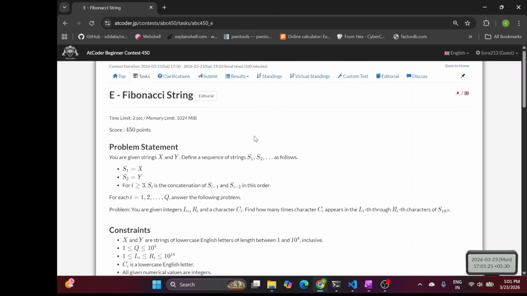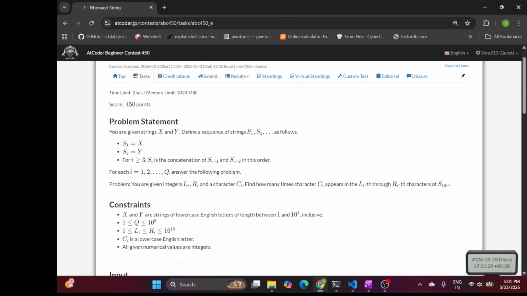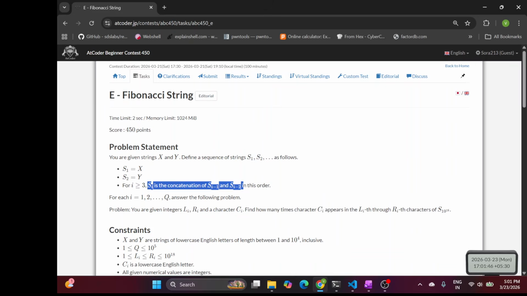So the last question of today is Fibonacci strings. You are given string x and string y, and we define a sequence of strings s1, s2, and so on. Our first string is x, second string is y, and our subsequent ith string is the concatenation of the last two strings. This is exactly the motivation of the problem Fibonacci strings, because Fibonacci series is what?